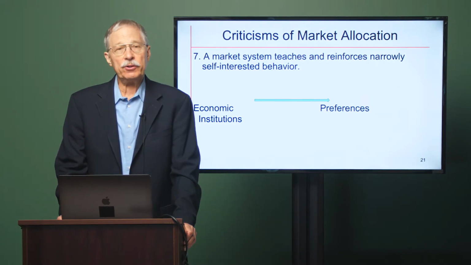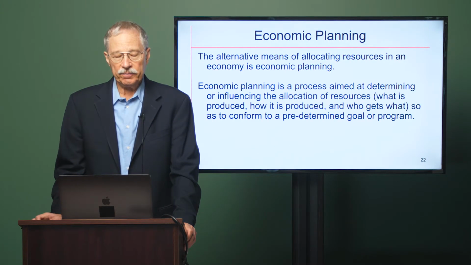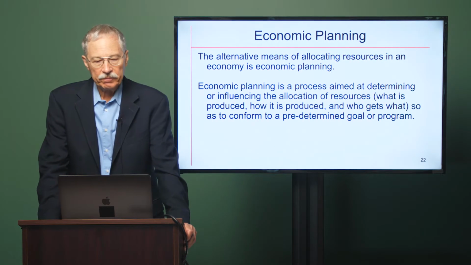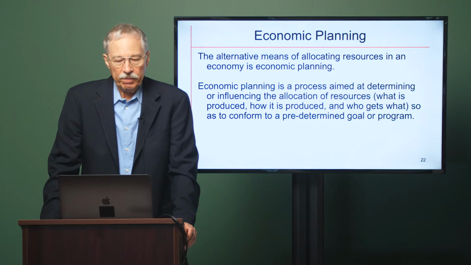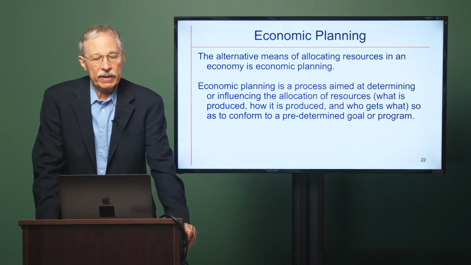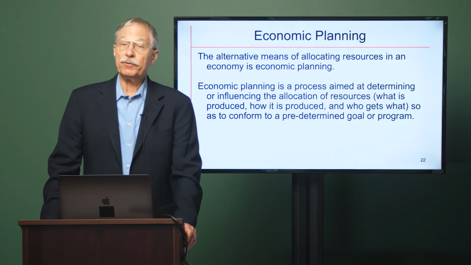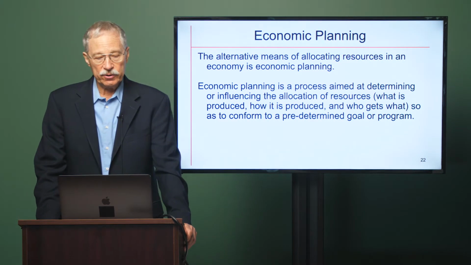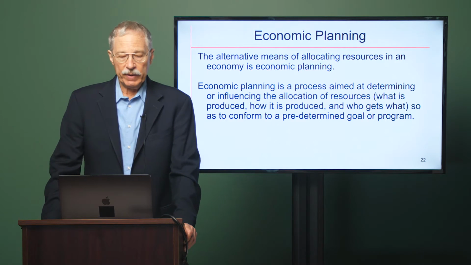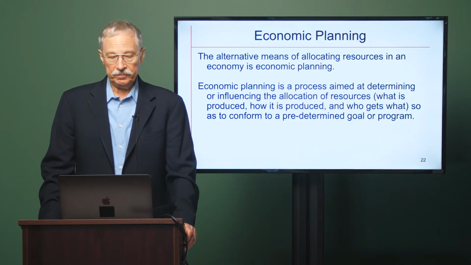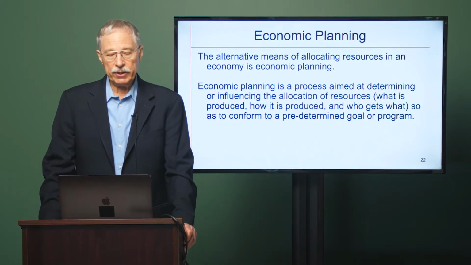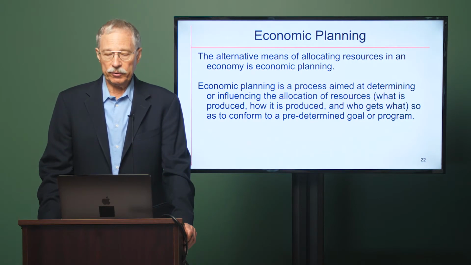Now, what is the alternative to market allocation? Economic planning is the alternative. What does that mean? Economic planning is a process aimed at determining or influencing the allocation of resources. That is, what is produced, how it's produced, and who gets what, so as to conform to a predetermined goal or program.